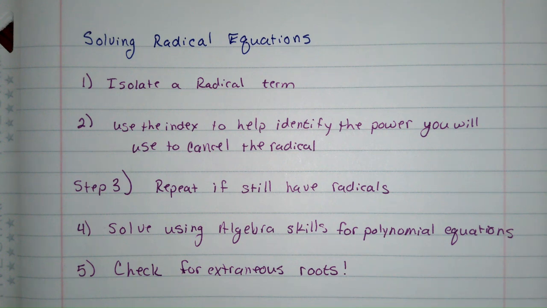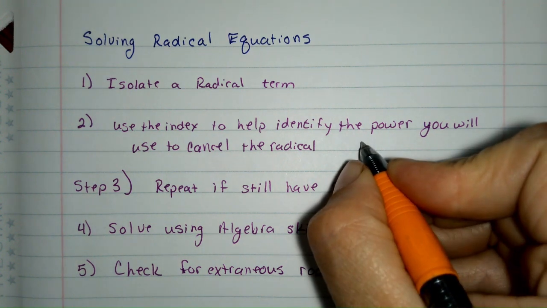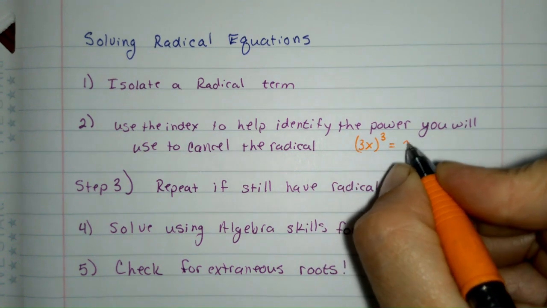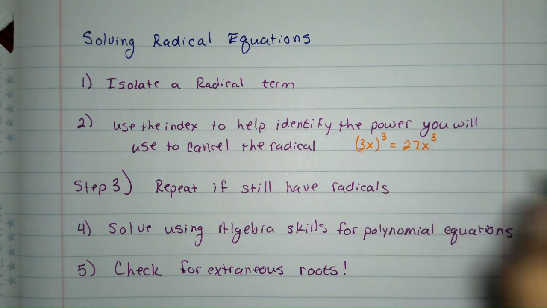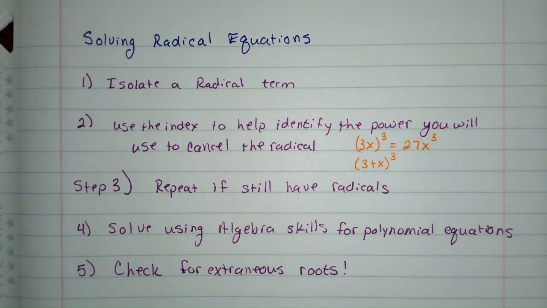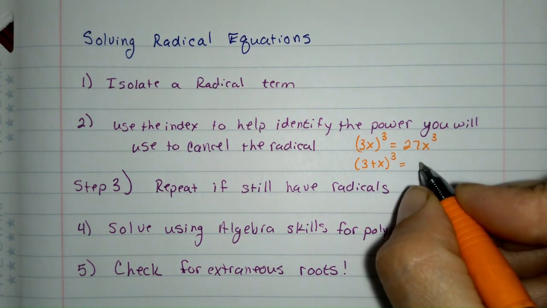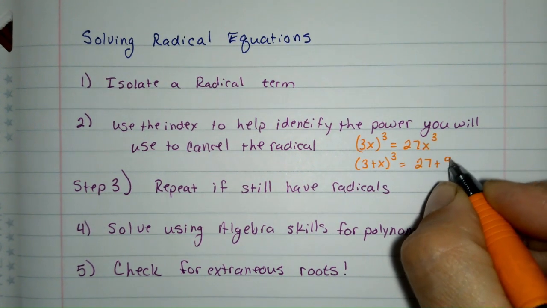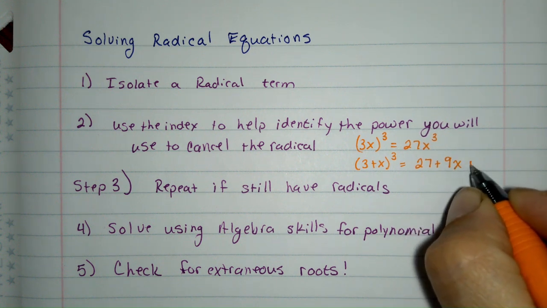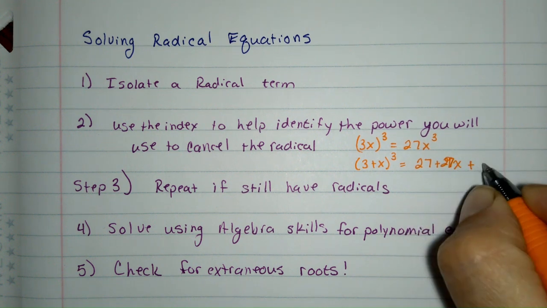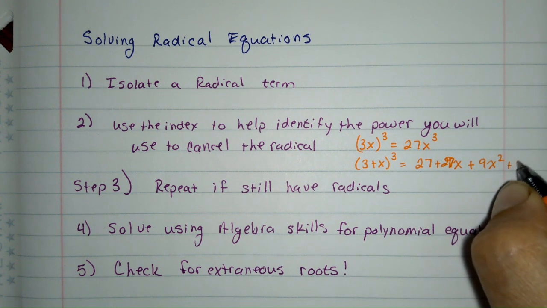I do want to bring attention to the fact that (3x) cubed does equal 27x cubed. However, (3 plus x) cubed equals something very different. It will be 27 plus 27x, 9x squared plus x cubed.